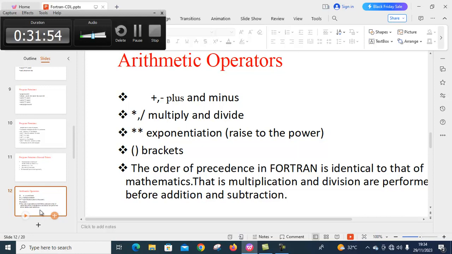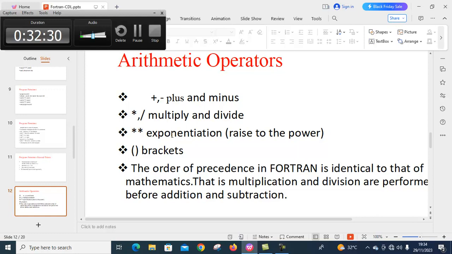Here we're going to talk about arithmetic operators. We talk about the plus sign, which is addition, the minus sign, which is subtraction. We talk about multiplication and division, then exponentiation.